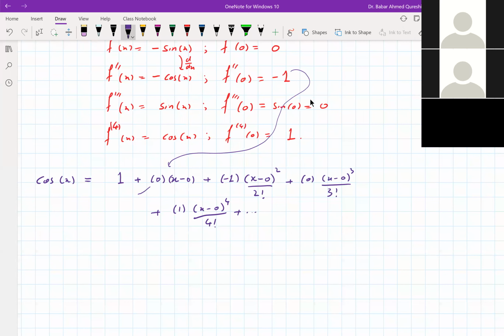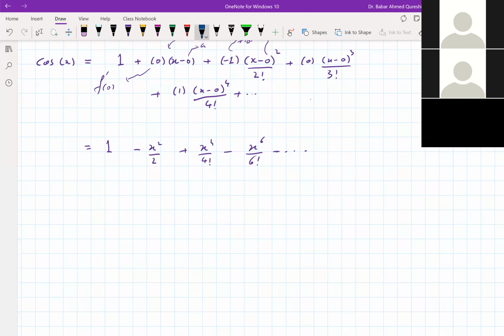So where this is f of 0, f derivative of 0, and this is your point a around which you are expanding. Similarly, this is f double derivative of 0, and this is still your point a. So this gives me 1 minus x squared over 2 plus x to the 4 over 4 factorial minus x to the 6 over 6 factorial and so on.